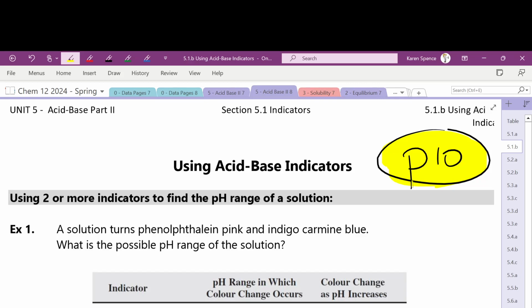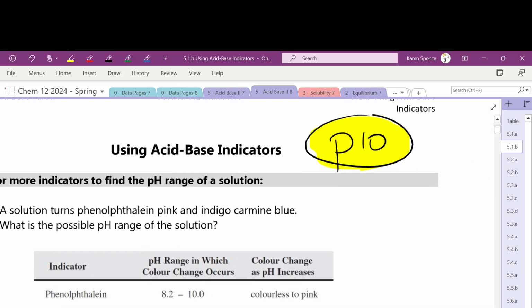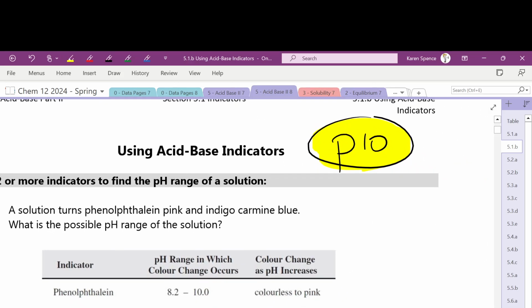Okay, first of all, I want to explain how this works because sometimes people have difficulty visualizing this. If you have no problem visualizing it, you don't need to draw this, but you start with a solution. Here's our solution, and we want to know its pH. So we take a sample of it and put it into a test tube. Here's our little sample.